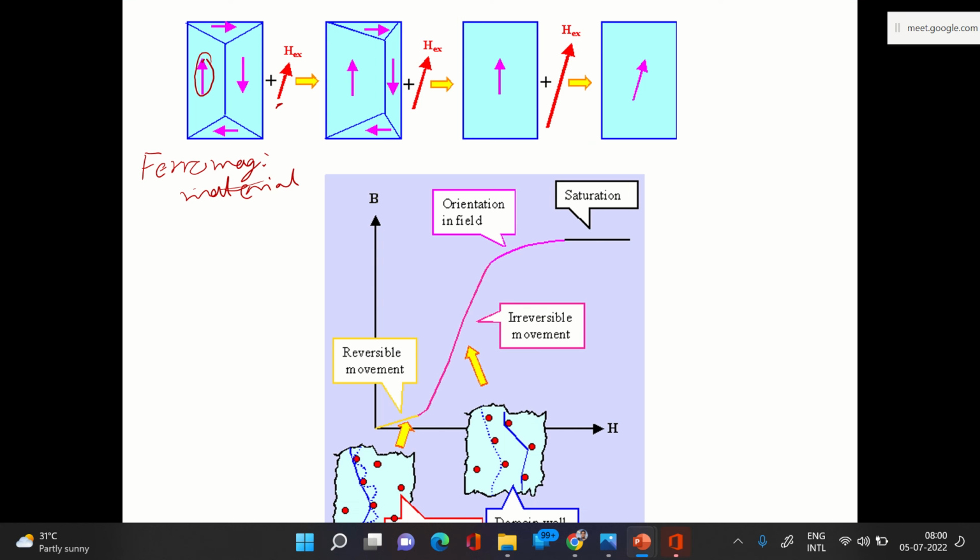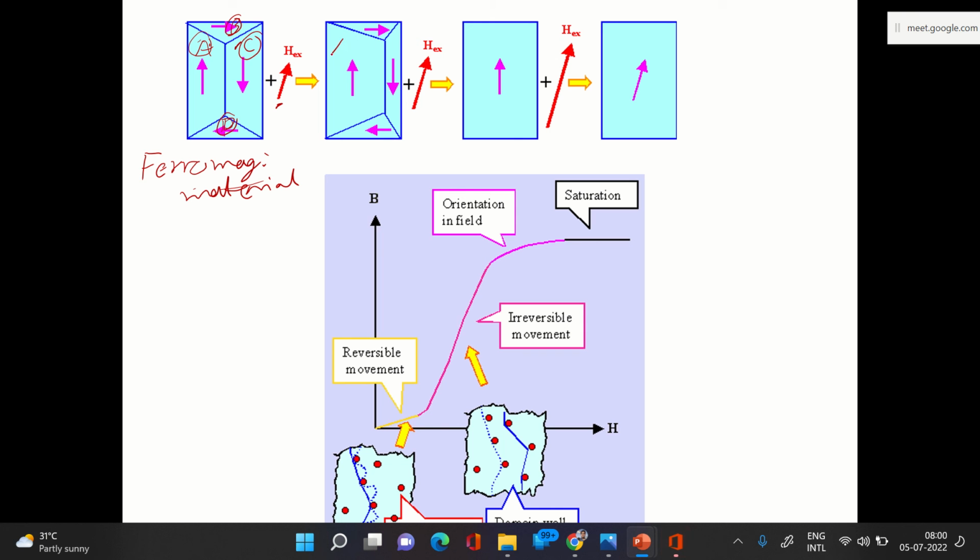Sorry, what happened? So let me label the domains as A, B, C, D. So the domain A grows in size.